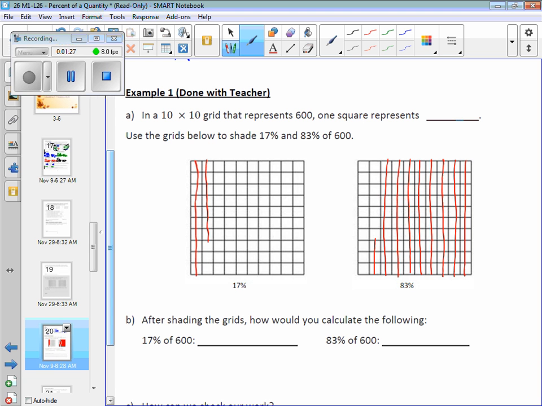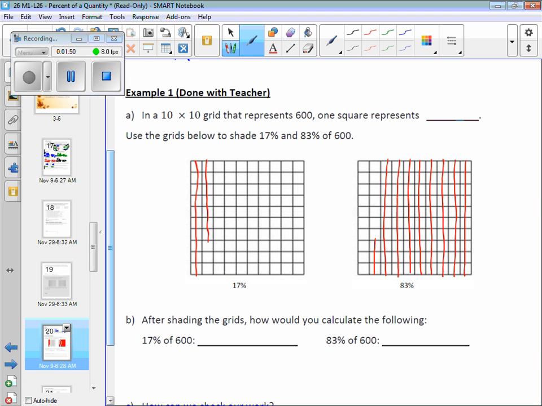Okay. Now, before we go on to B, again, if I'm shading 17%, how many boxes did I shade? Okay, so each box is worth 1, right? 83%, how many physical boxes did I shade? Each box is worth 1, right?